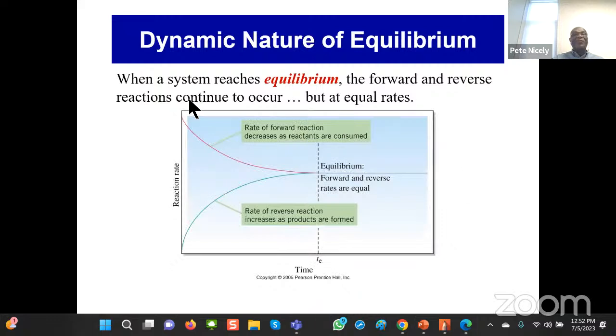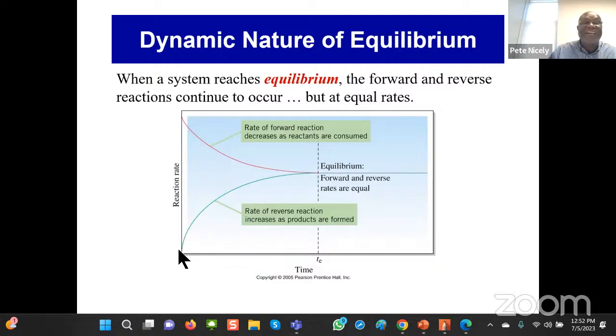Okay, so as I said before, and as is stated right here, when a system reaches equilibrium, the rate of the forward reaction and the reverse reaction will be the same, right? So what this graph is showing you here is a plot of reaction rate versus time. Now, the green line here represents the rate of formation of product as time progresses, and the red line here represents the rate of disappearance of reactants.